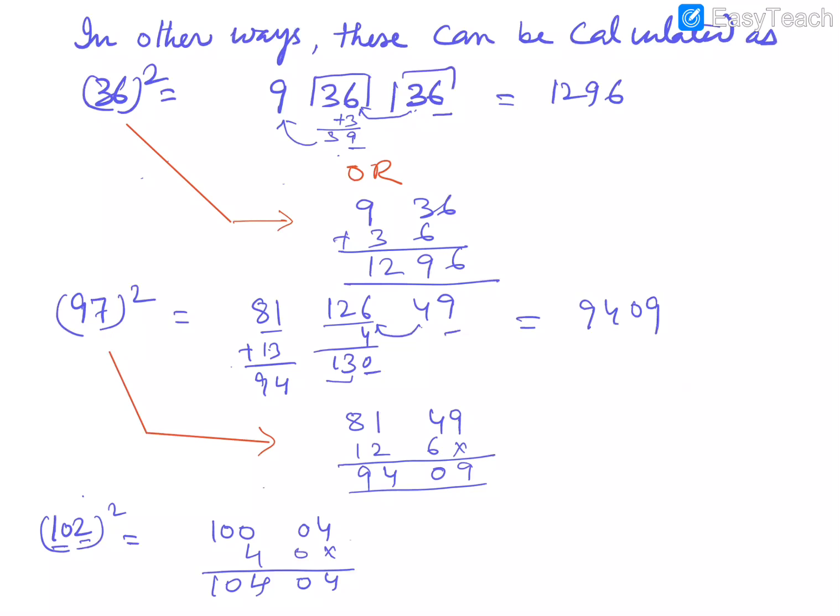So it gives 6, this is the unit digit, then carry 3 to this number 18, result is 39. So now 9 is to be taken here and carry 3 here. So total is 9 plus 3, 12. So in this way 1296 is the square of 36.